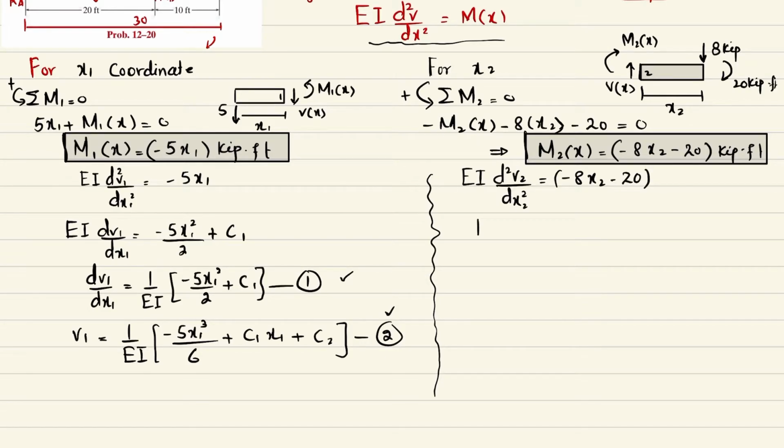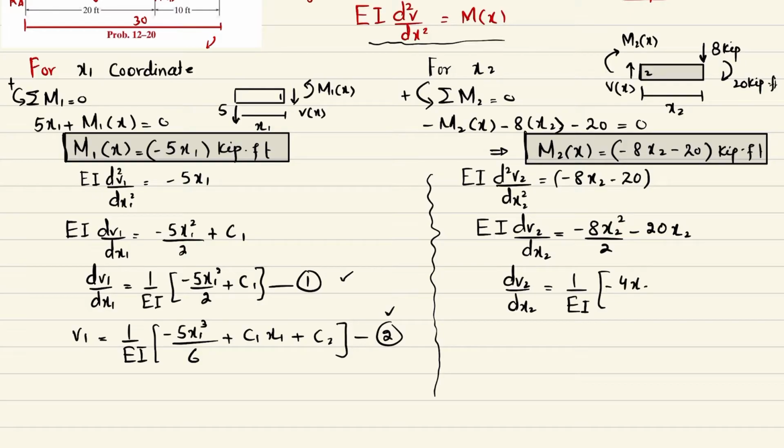If you integrate it, you will get EI dv2/dx2 = -8x2²/2 - 20x2. If you simplify and divide by EI on both sides, you will get dv2/dx2 = (1/EI)(-4x2² - 20x2).